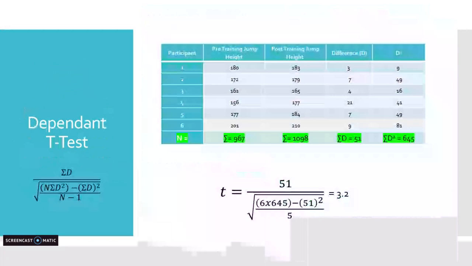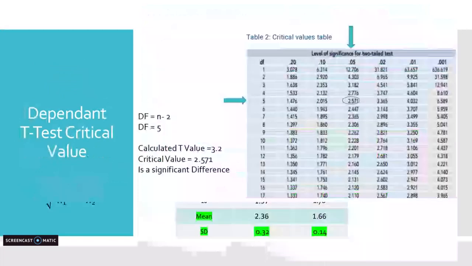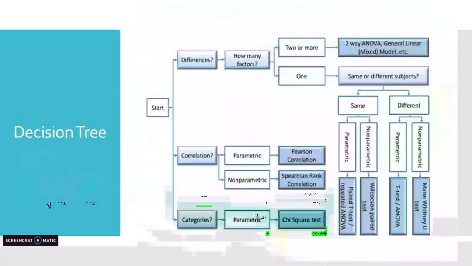Put them in the formula, and for this we got an answer of 3.2. And then again, you put this into the critical values table to see if there's a significant difference or not. And for us, for this dependent t-test critical value, there is a significant difference.